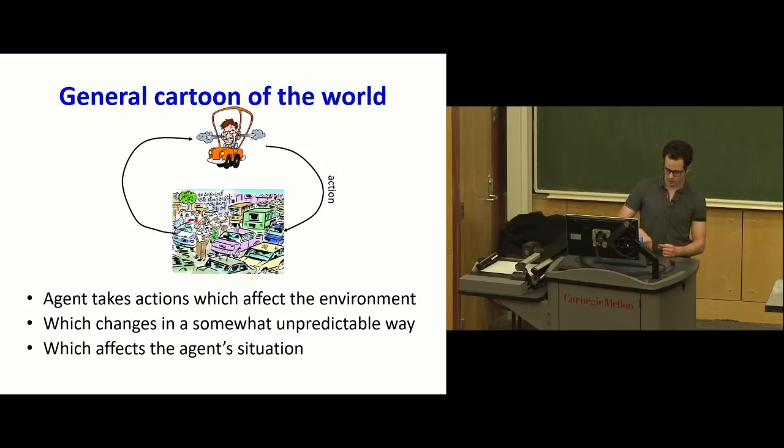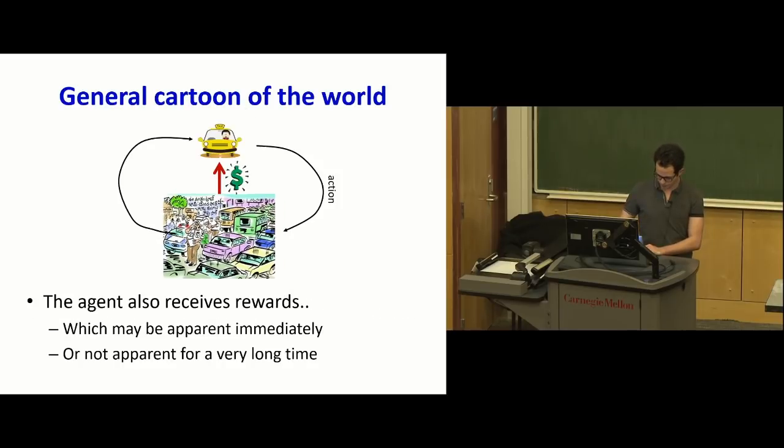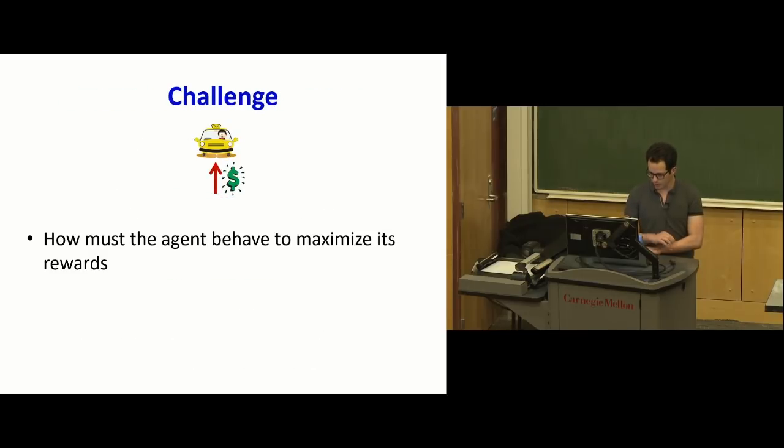The environment is affecting your own situation by emitting a reward, positive or negative. But then again, that may take a very long time, and at first you don't have the relevant reward yet. Your question is, how must you, the agent, act to maximize the rewards?